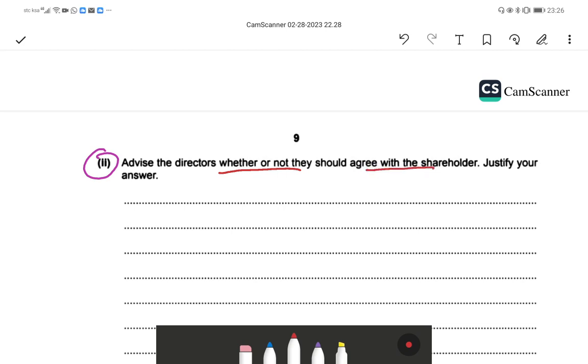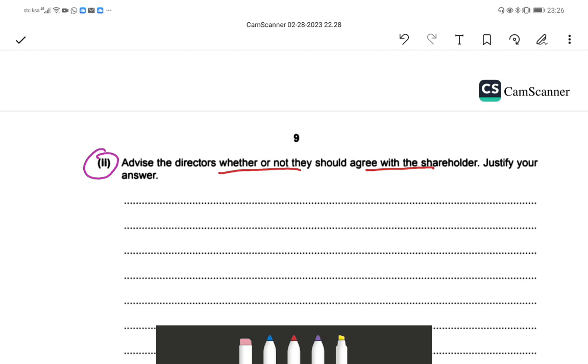They should agree or not. Whether you are agreeing or disagreeing, you have to write the points and give the decision. If you agree, write the agreeing points and the disagreeing points.